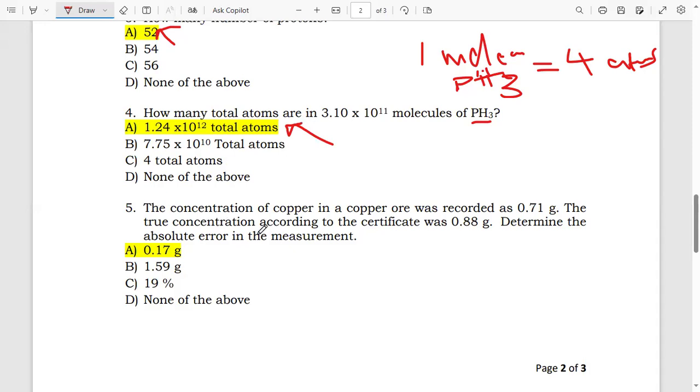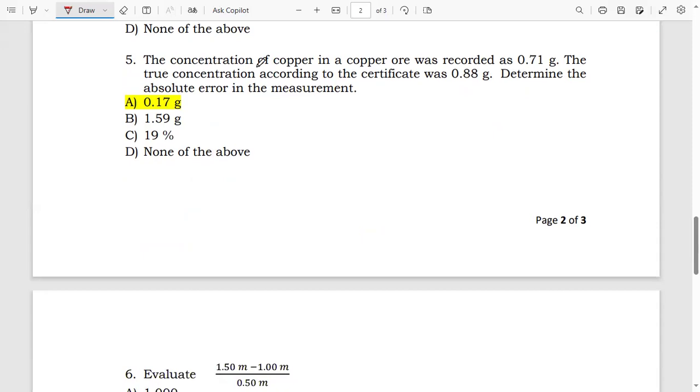So question 5, they're saying the concentration of copper in a copper ore. Okay, so a copper ore is something that has copper and other minerals. Okay, it has not yet been purified to be only copper. So the concentration of copper in this copper ore was recorded as 0.71 grams. Okay, and then they're saying the true concentration according to the certificate was 0.88 grams.